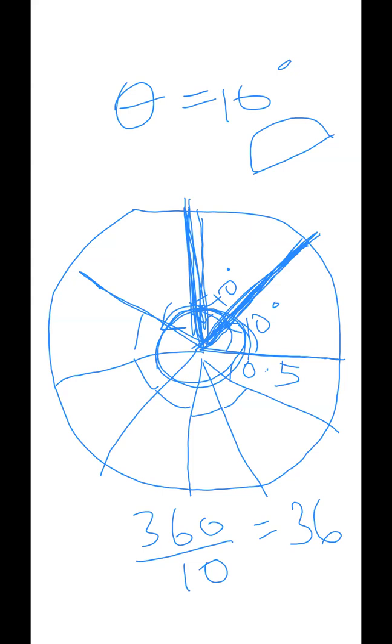Now, once you have made the circle and divided it into 36 small triangles, what you have to do is this.